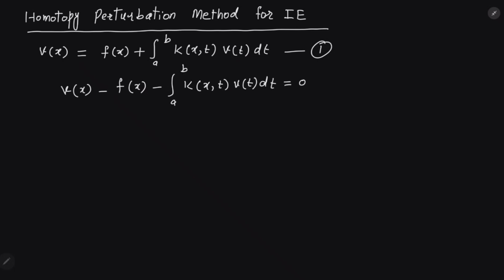We define the linear operator like this so that we get an approximate solution. So rather than getting the exact solution, we get an approximate solution by the homotopy perturbation method. So we should define the linear operator as a function of u. We replace v with u, here and here as well, since u is the approximate solution.